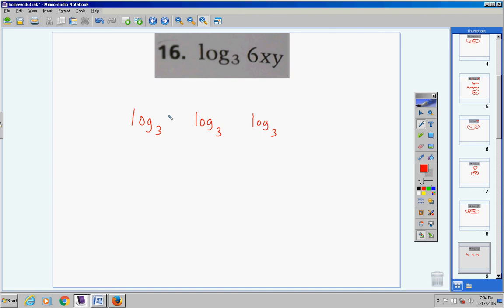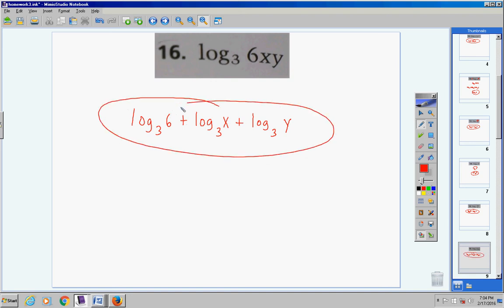Six would go here, logarithm of 6, logarithm of x, logarithm of y. Because all of these are multiplying, we'll put plus signs in between them. And that's it. There are no exponents to move to the left of the logarithms. That is your answer. Let me check the answer key real quick to make sure I'm not overlooking something. And we are good. Moving on.